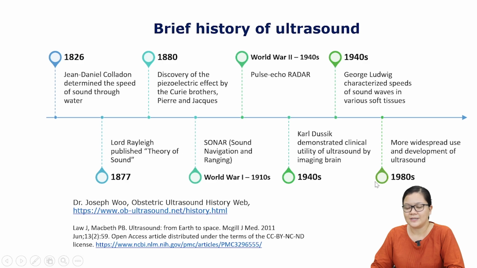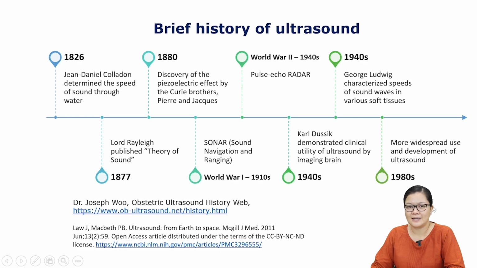Also in the 1940s, Dr. Karl Dussik, a physician, demonstrated for the first time the clinical utility of ultrasound by imaging brain tumors. So this was quite exciting. And subsequently, more experts such as George Ludwig characterized speeds of sound waves in various soft tissues, especially using animals.